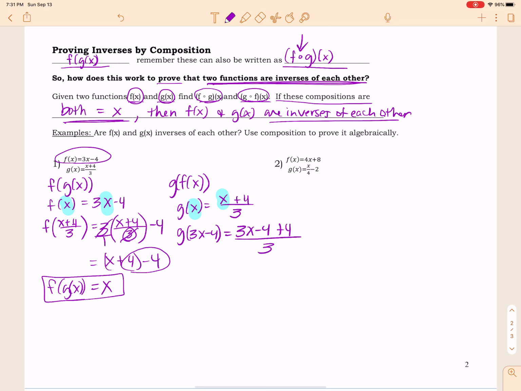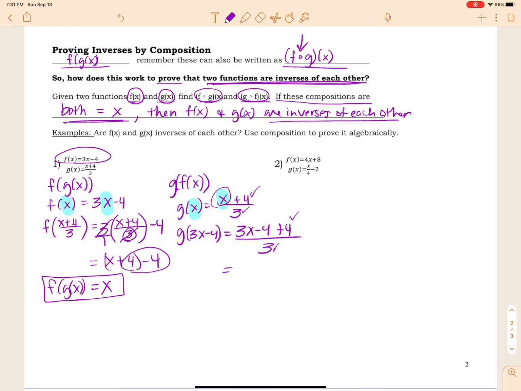Okay, so everything else outside of this highlighting here is normal. Just 4, see this 4 right here, this 3 right here, and then I replace the x with 3x minus 4. Okay, so now I'm just going to simplify this algebraically.